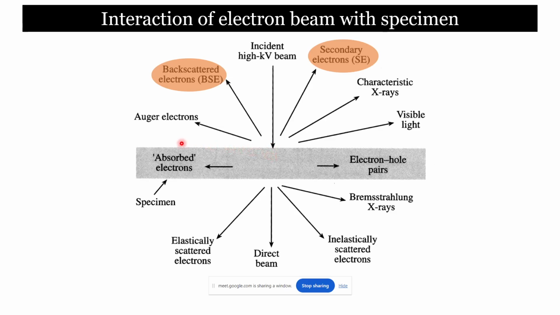Then some of the electrons are absorbed by the specimen. Some are used to form electron-hole pairs, and some are directly transmitted through the specimen when the specimen is thin, and some will undergo elastic scattering and some will undergo inelastic scattering.